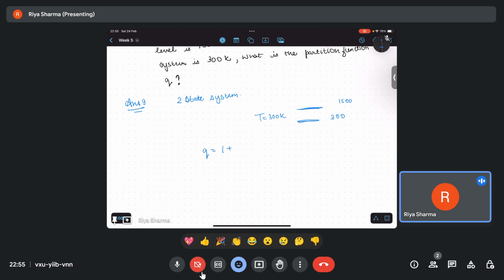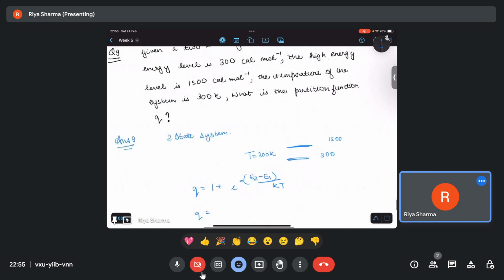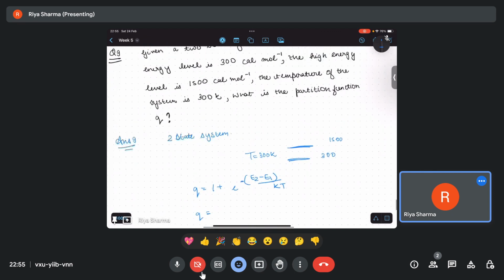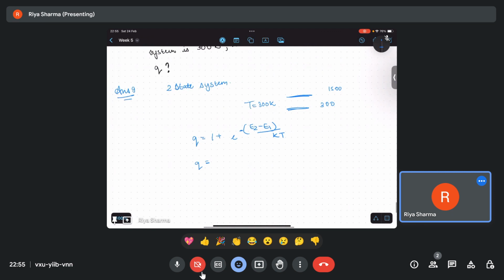Q will be equal to 1 plus e raised to minus (e2 minus e1) by kBT.